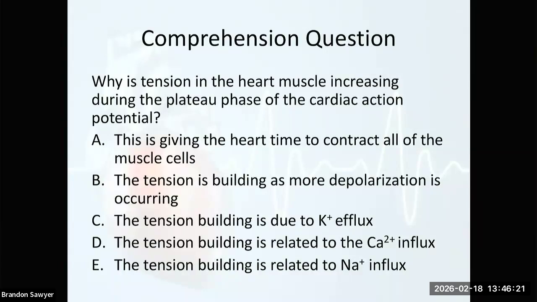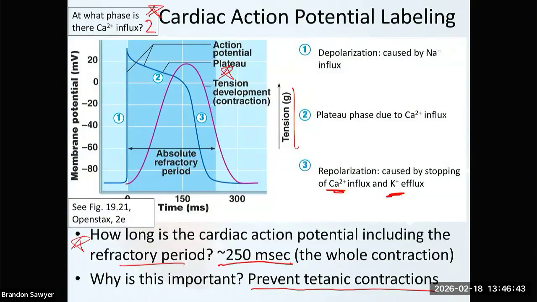All right, go ahead and send it in if you haven't yet. Okay, so about 90% of you are saying D. The tension building is related to calcium influx. I guess that's somewhat obvious because it's happening during the phase where calcium influx is happening.